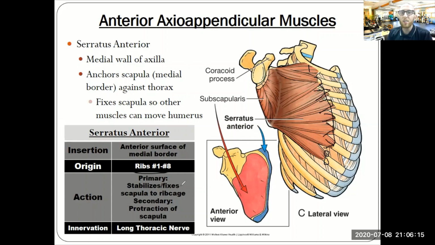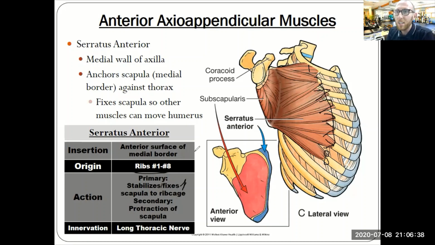Primarily, this is going to stabilize or fix the scapula to the rib cage. What does that mean? That means fix or stabilize. It's going to stick the scapula, keep it tight against the rib cage.